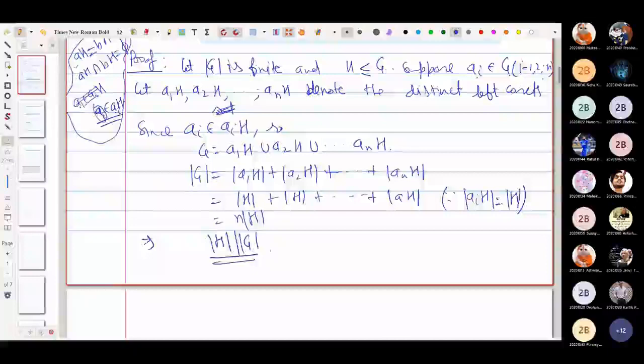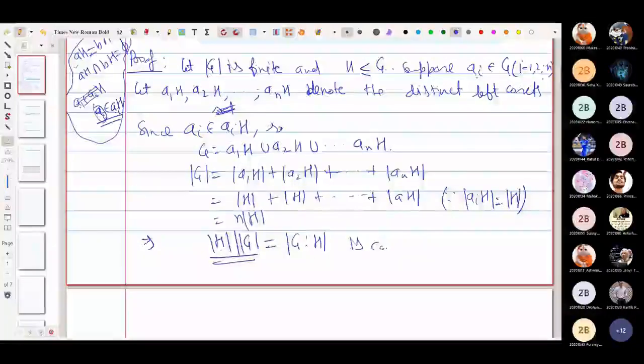Okay. And I mean to say that this is denoted by G colon H. And we put vertical lines before and after this notation. Okay.